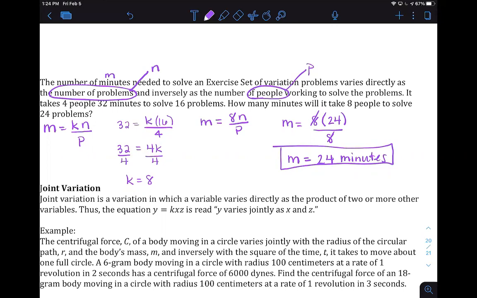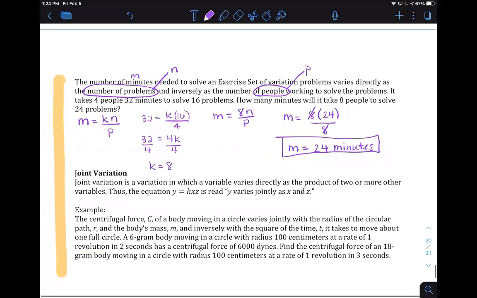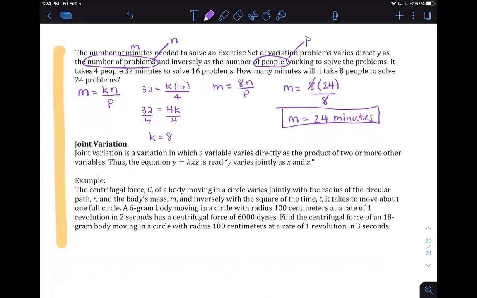All right. The last method of variation is joint variation. Joint variation is a variation in which variables vary directly as the product of two or more variables. So the equation y equals k times x times z is read y varies jointly as x and z.